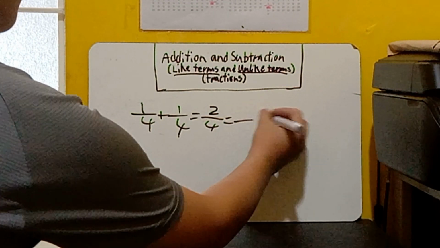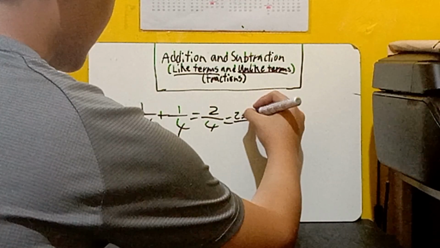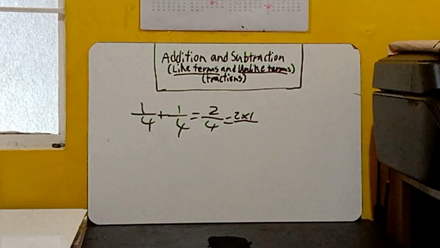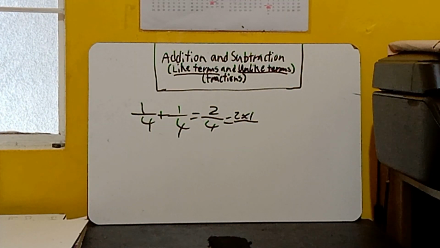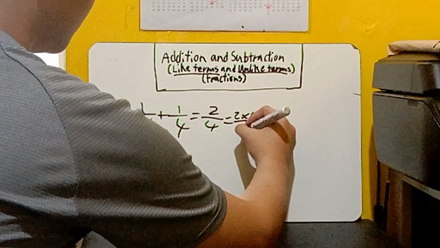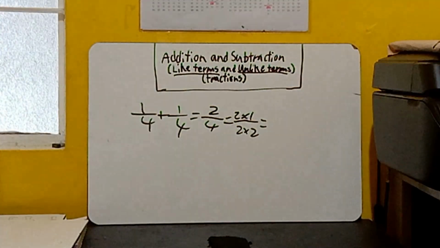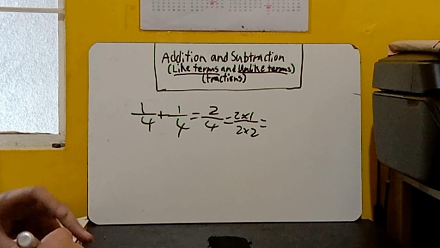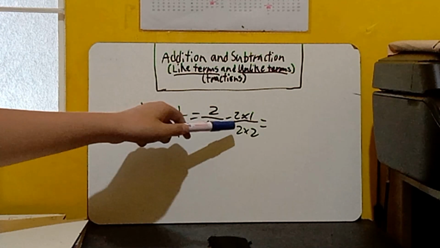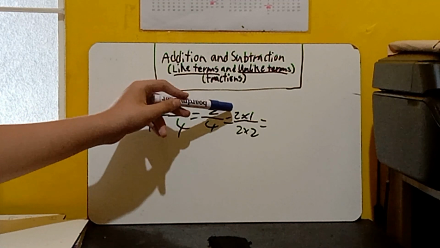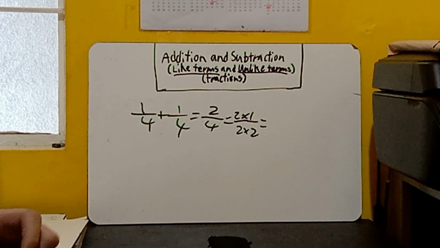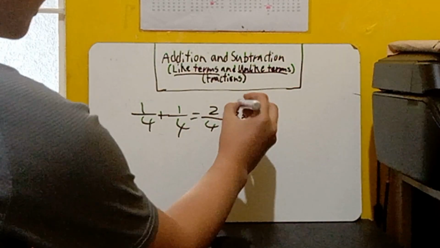So what is 2 equal to? 2 is equal to 2 times 1. And 4 is equal to 2 times 2. Now we can simplify. You see in the numerator and denominator, they both have 2, so we cross them out.